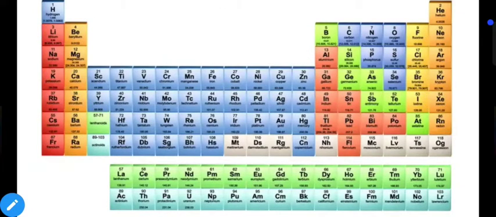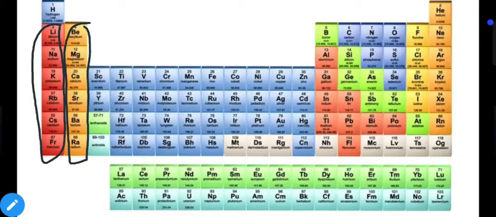Group 1 metals are referred to as alkali metals, and group 2 metals are referred to as alkaline earth metals. The reason behind the name: let's talk about the alkali metals first. When these metals react with water, they produce an alkali solution, that means a basic solution.